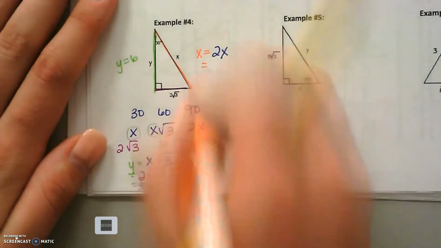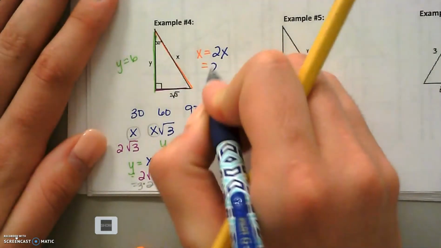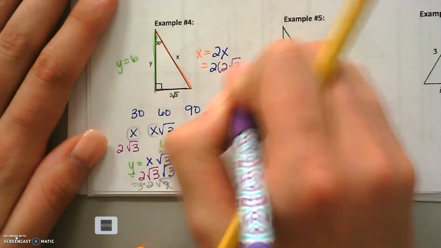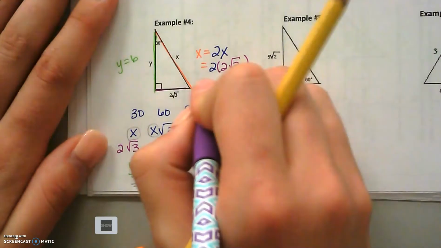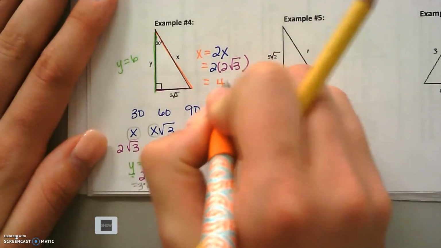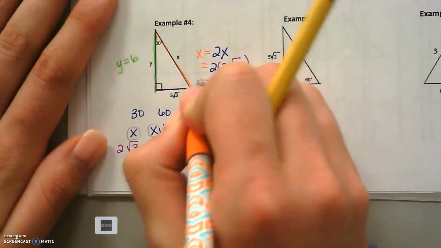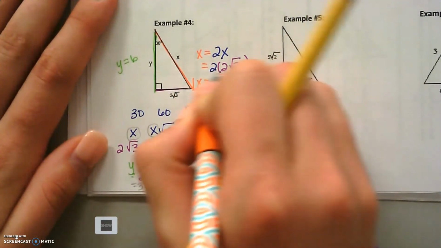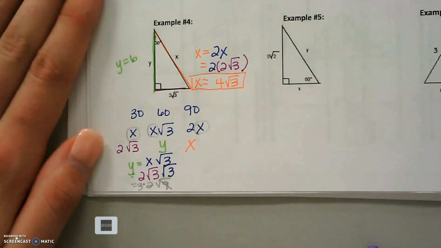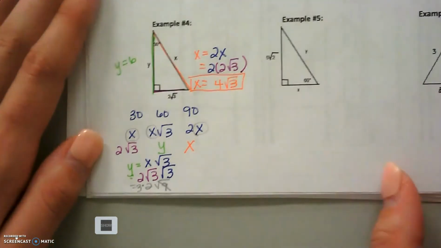So this is going to equal 2 times 2 root 3. So in this case, I'm going to get 4 square roots of 3 as my hypotenuse, as that missing side length labeled x. Let's continue.